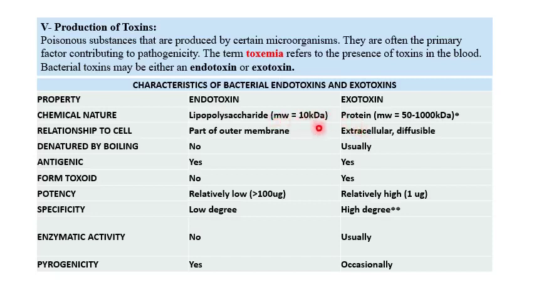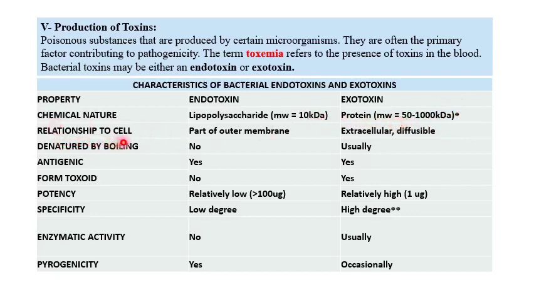If we look at the size, lipopolysaccharide is much smaller, about 10 kilodaltons molecular weight, while proteins are much bigger, from 50 to 1000 kilodaltons. In the next slide, we will explain how this protein is produced in the cell.